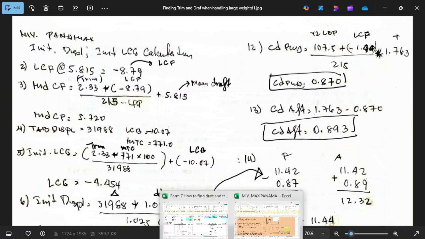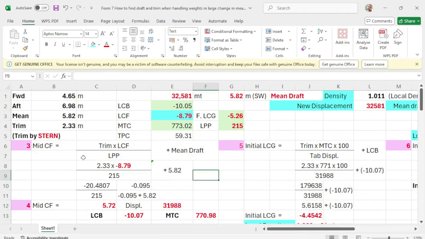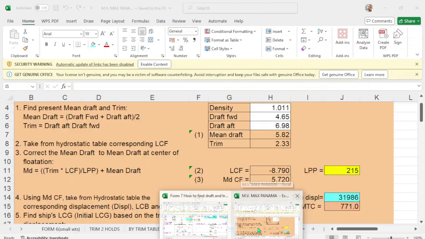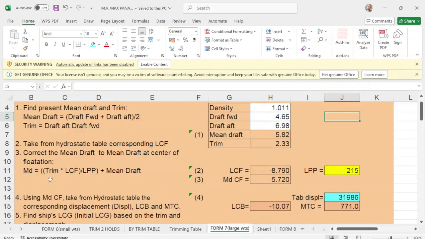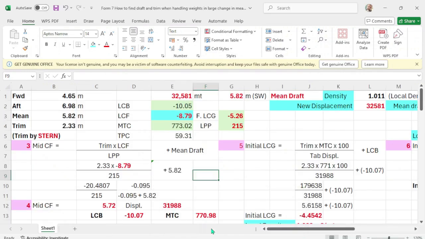So I made an Excel form. We're on number 3. So mean draft at center of rotation is trim times LCF over LPP plus mean draft. So your trim is 2.33 and your LCF is this one, guys.